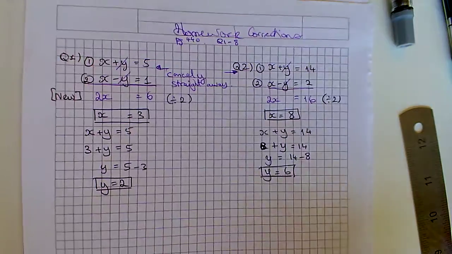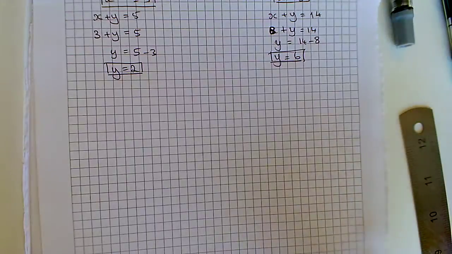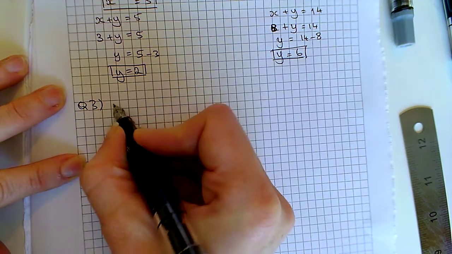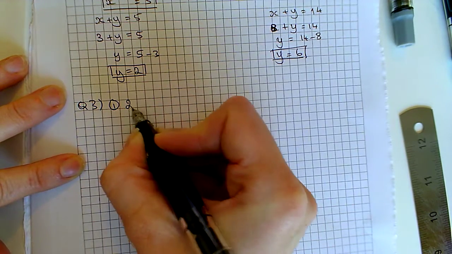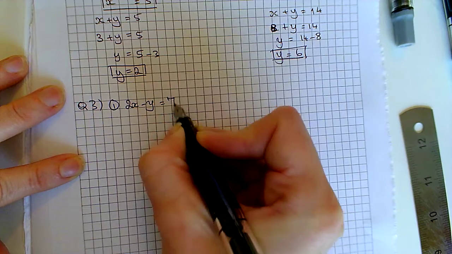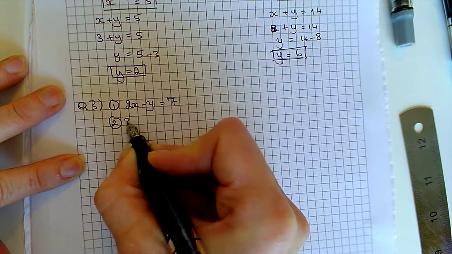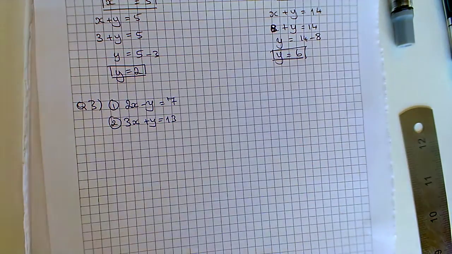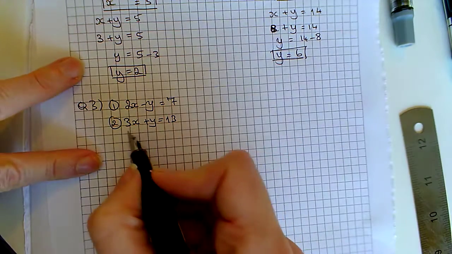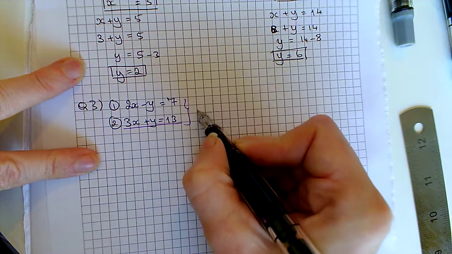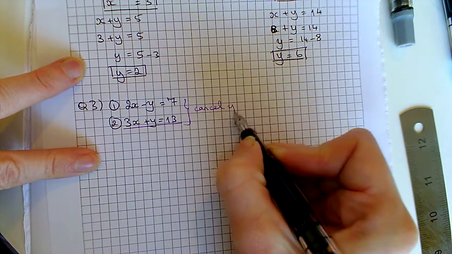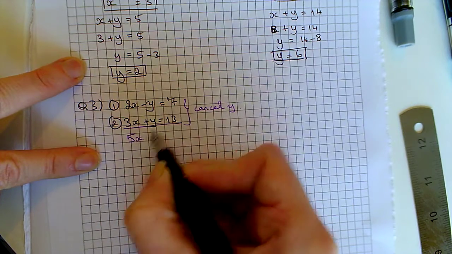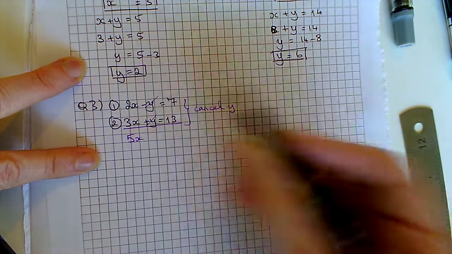Okay, question 3 is also set up nicely for us so that we can cancel y straight away. So question 3, my first equation is 2x minus y is equal to 7. My second equation is 3x plus y is equal to 13. So again, y is going to cancel y, but I don't need to do anything to it. 2x plus 3x is 5x, minus y plus y, they cancel each other out.